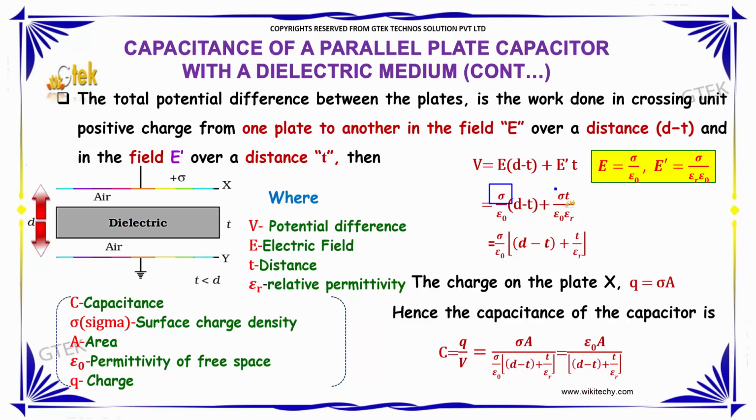Taking the common terms, sigma and epsilon naught, in both cases we get D minus T plus T divided by epsilon r.